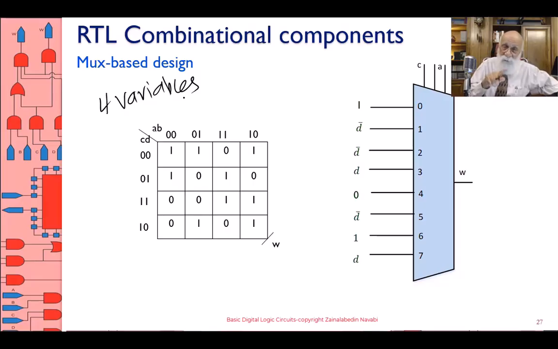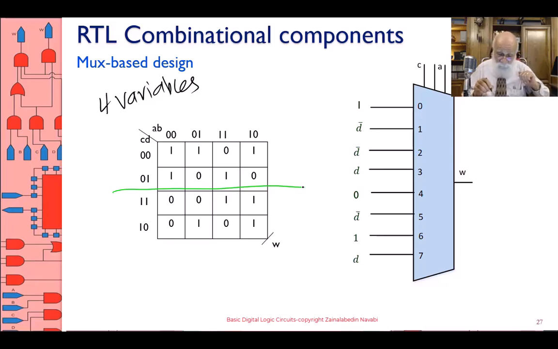Okay, let's see what the arrangement of the variables is. I'm going to cut my Karnaugh map in the middle, half up, half down.